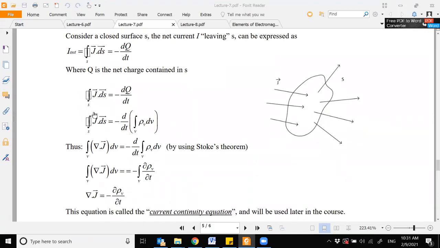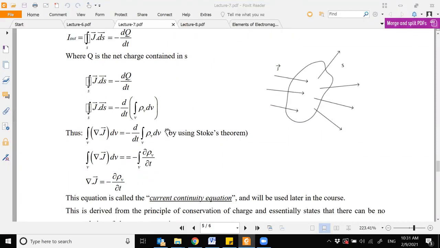So here the closed surface integral of J bar dot ds bar is minus dq over dt. Now charge, we are trying to represent with a general expression, which is nothing but the integral over v of rho v dv. Rho v is the charge density, for a general expression, charge density over a volume.